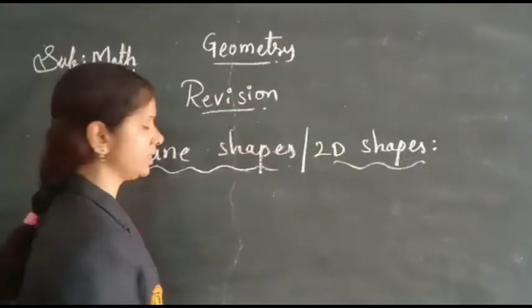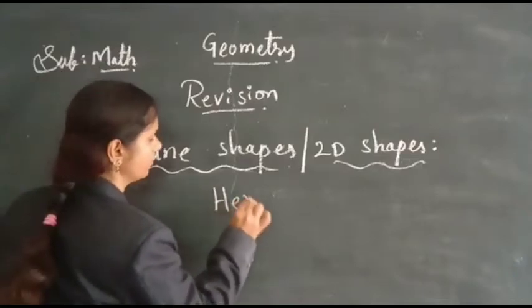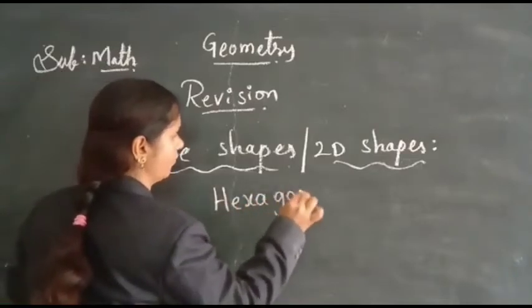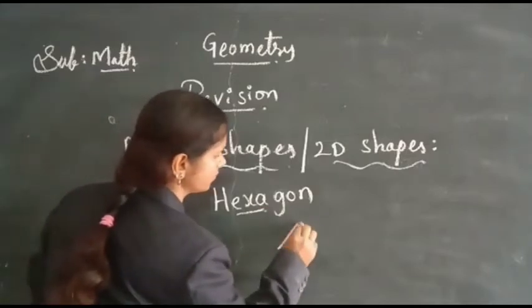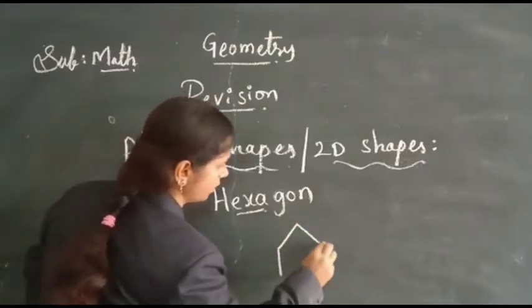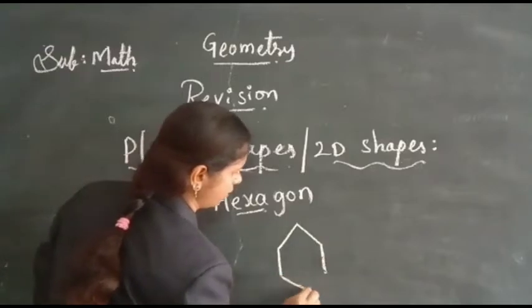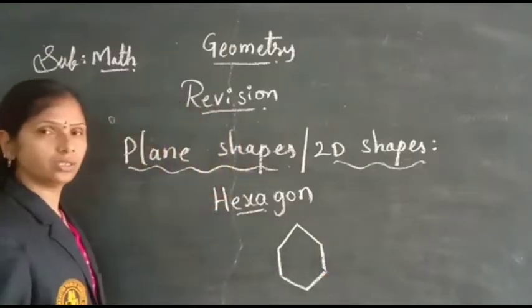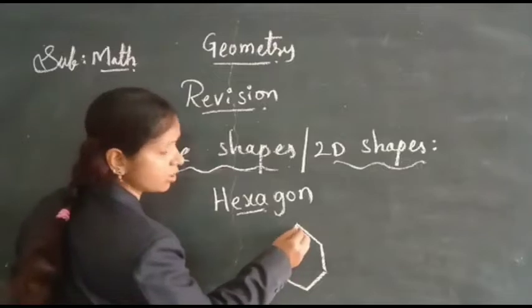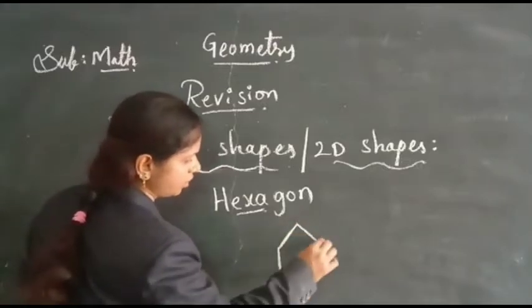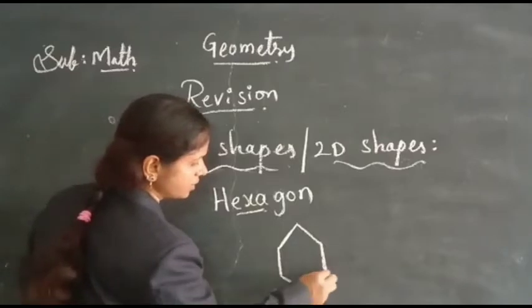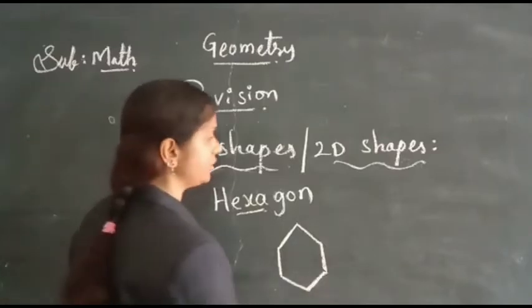Next 2D shape, children: hexagon. This is a hexagon, children. So a hexagon has 1, 2, 3, 4, 5, 6. It is a 6-sided figure.